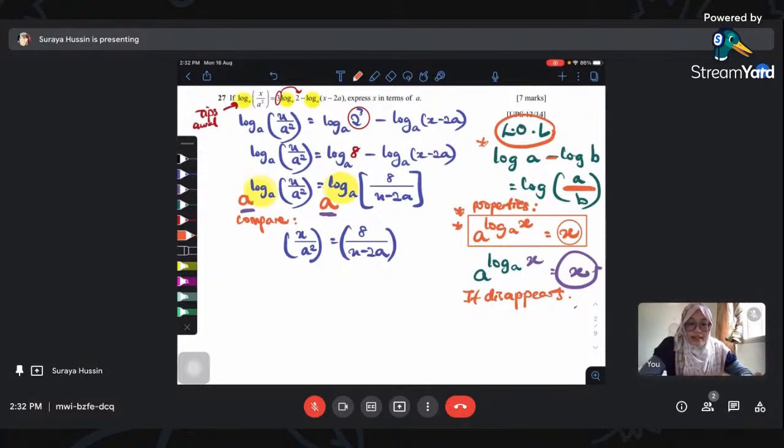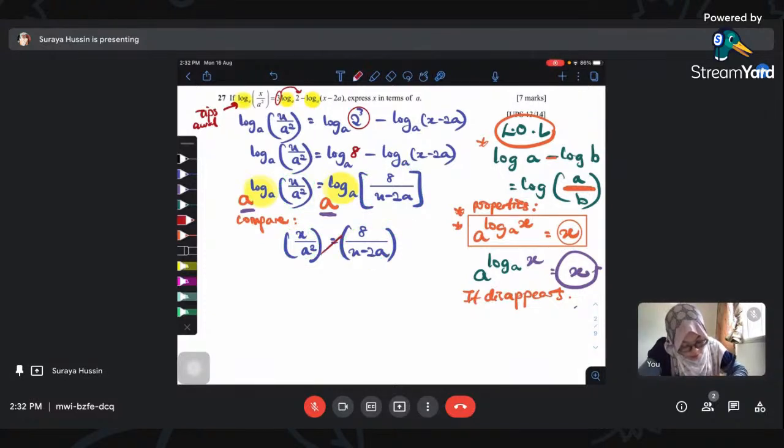Do you get it? Kalau sesiapa yang tak faham yang ini, tolong PM saya ya. Alright, that's why seolah-olah hilang dah yang base A ni. Both base A dah hilang. Tinggallah untuk compare kiri dan kanan sahaja.